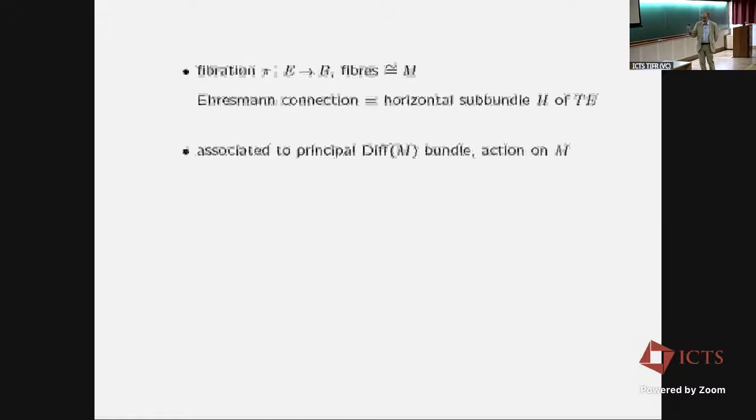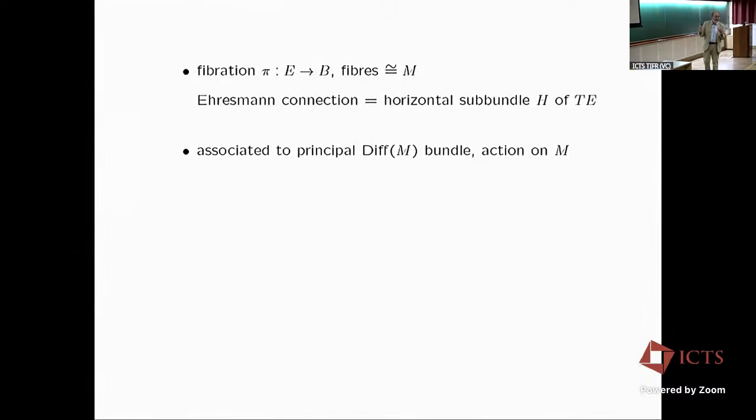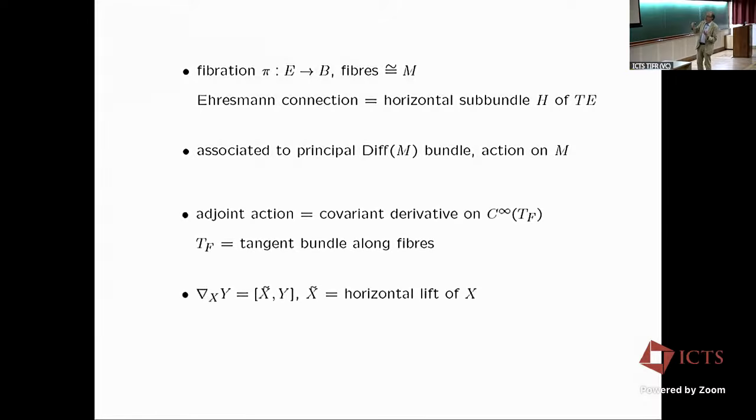But we want to think of that in terms of gauge theory, if you like. So you can think of this as having a connection on a principal bundle where the structure group is the diffeomorphisms of M. And then this happens to be the bundle associated to the action of the diffeomorphisms of M on M itself. But if you take the adjoint action, the action on vector fields on M, then you have a notion of covariant derivative.